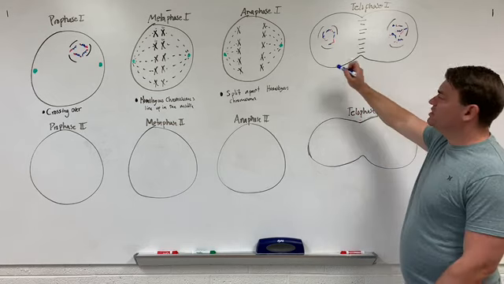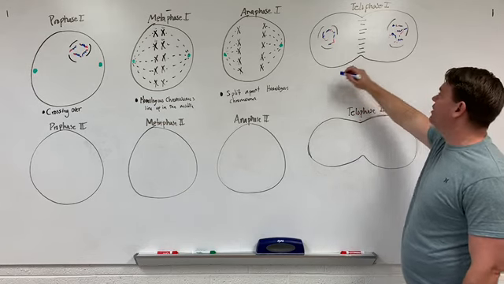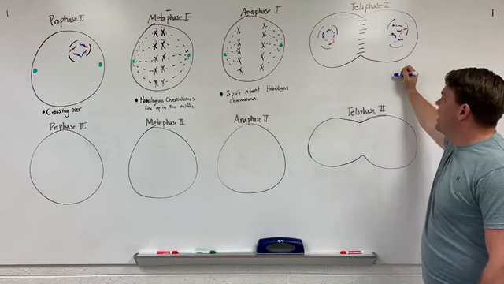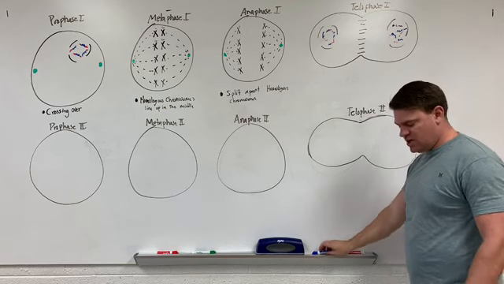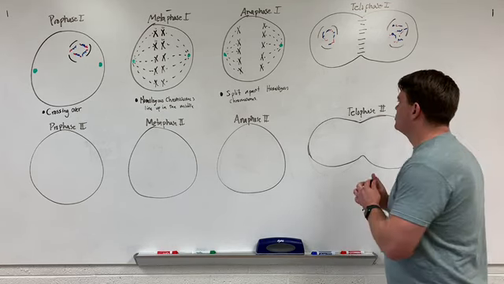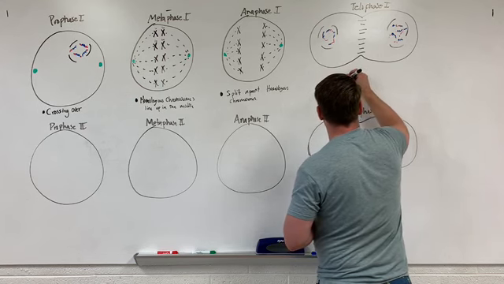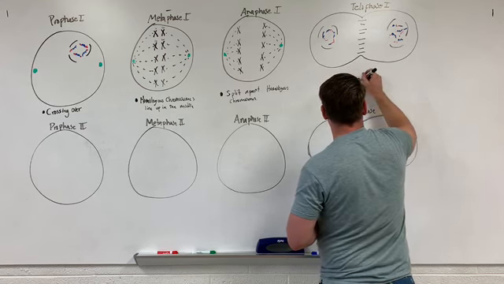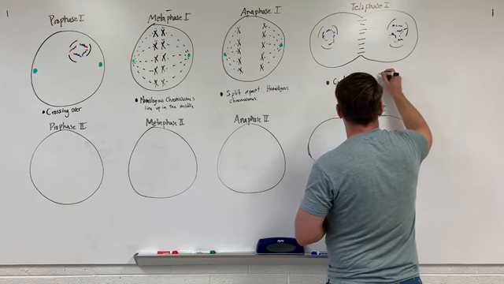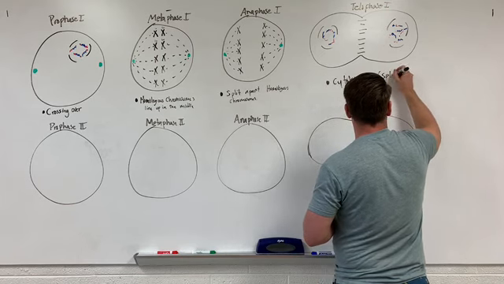Our chromosomes are now going to go back to chromatin, and then we're going to pinch off. So cytokinesis is going to happen, which is going to split the cell in two.